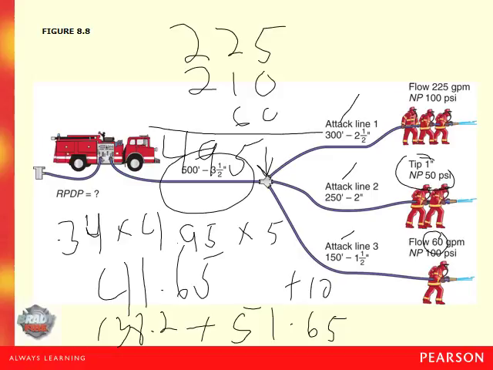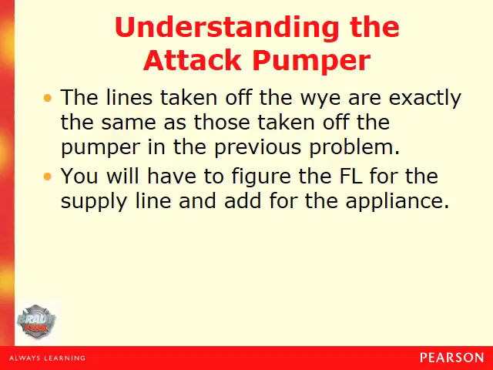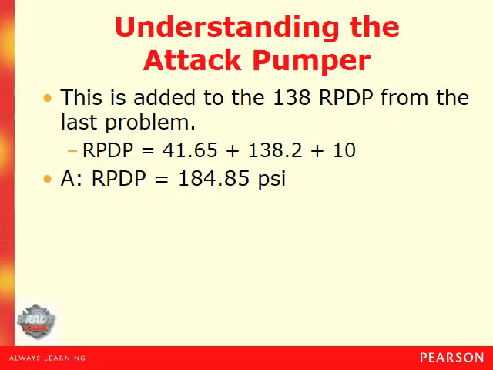And then we added all that together, and our required discharge pressure is going to be 189.85, so you might as well say 190 pounds per square inch. And I believe our slide's about 5 pounds off here. I don't think they had it correctly, but yeah, it's 189, or you might as well say 190 pounds per square inch.